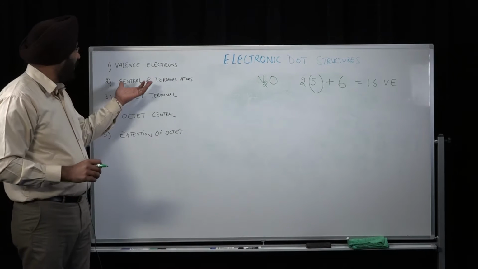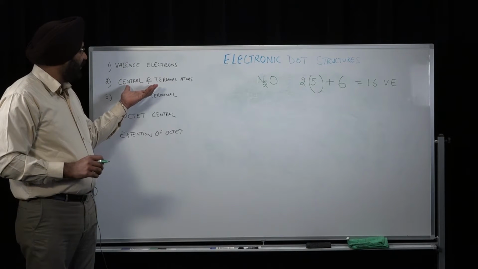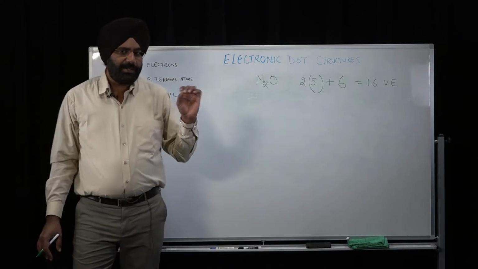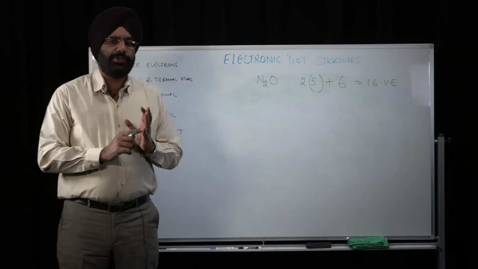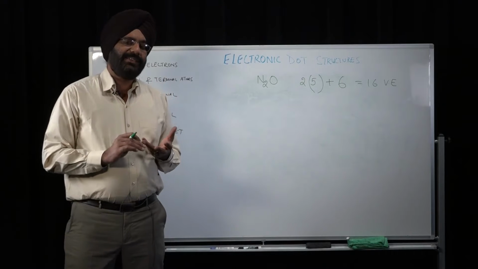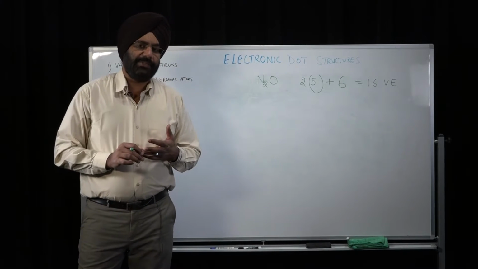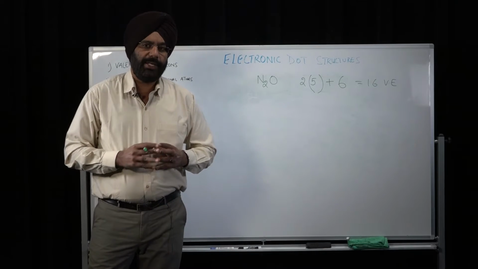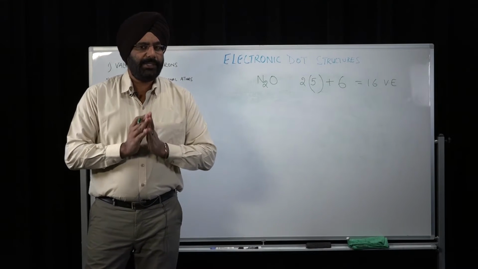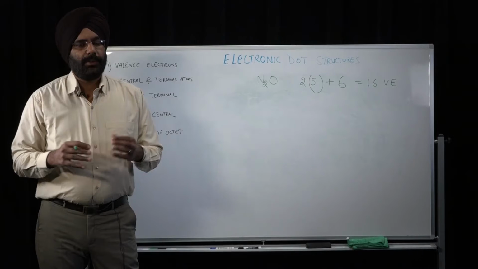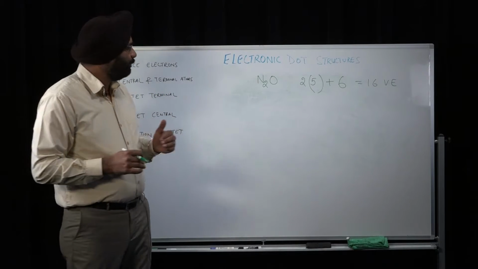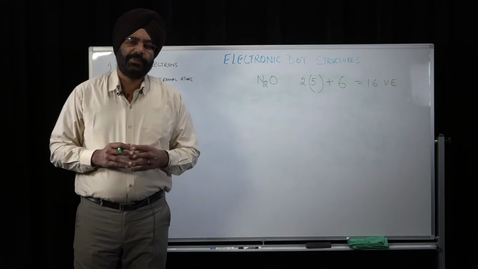In the next step, I need to determine which is the central atom. For the central atom, as I told you, first we have to look into the number of atoms. The second, we have to look into the electronegativity. The electronegativity is the most crucial one. The central atom invariably is an atom which is of lower electronegativity than the terminal atoms.